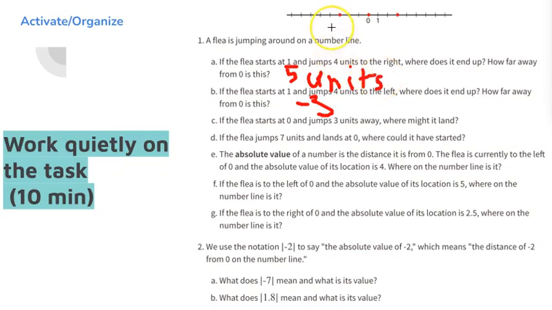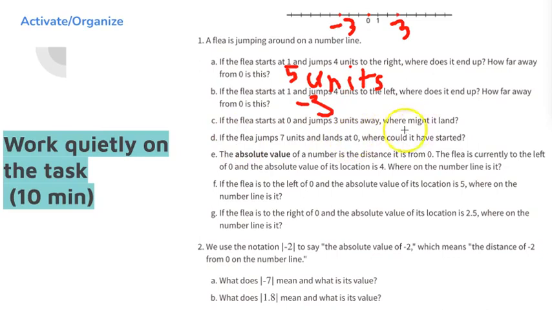So it could end up at 3 or -3 for that matter. It just depends. But either one of them is going to work fine, right? Because it says jumps 3 units away. It's going to end up doing that.